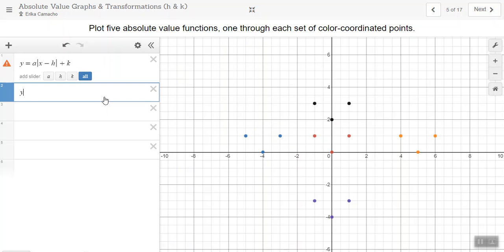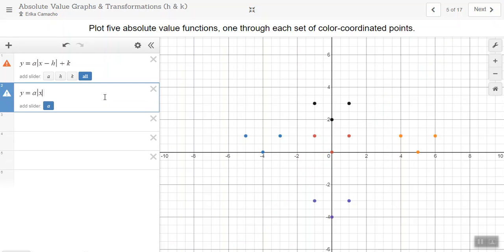If I do y equals, well, I don't know what a is, so for right now I'm just going to write a, and then I'm going to put the absolute value. I'm going to put x, and then minus 4, because this says minus 4, and close my absolute value.